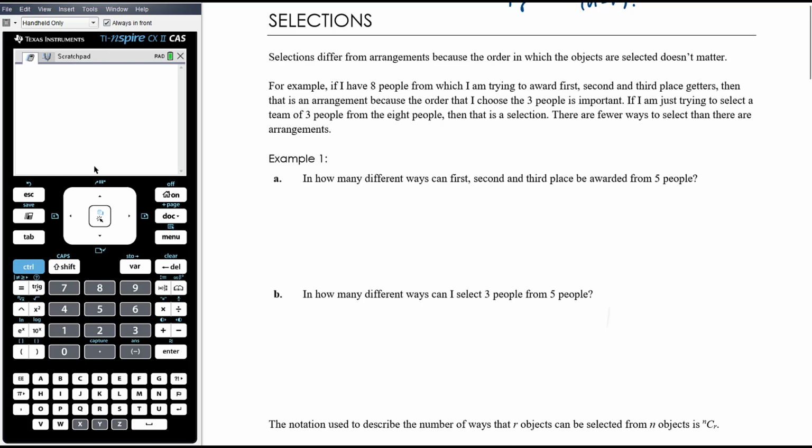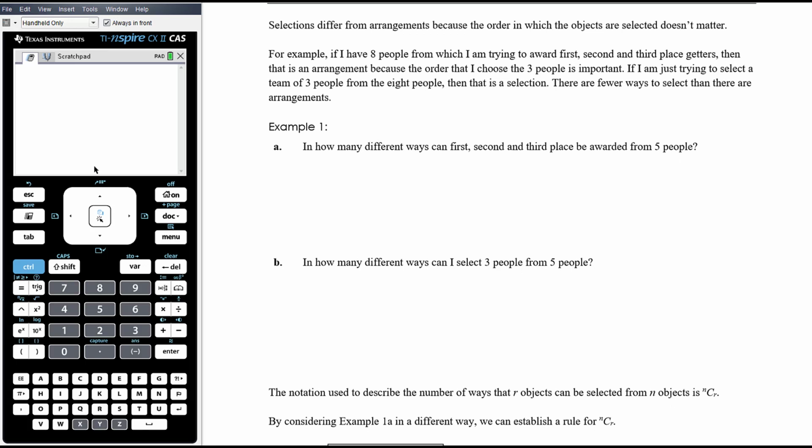Okay, so let's have a look at that example then. In how many ways can I award first, second and third place from 5 people? I'm just reducing the numbers to make it a bit simpler to think about the options. Essentially this is asking me to arrange 5 people into 3 positions.